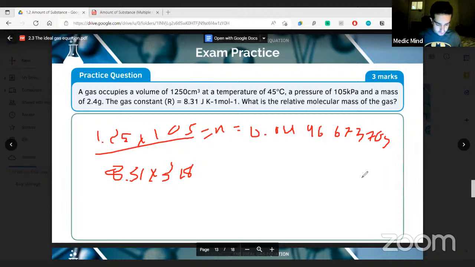And then I would just do 2.4 divided by 0.0496. Yeah, so this time I got it to 48.4. So it probably was just a mistake.